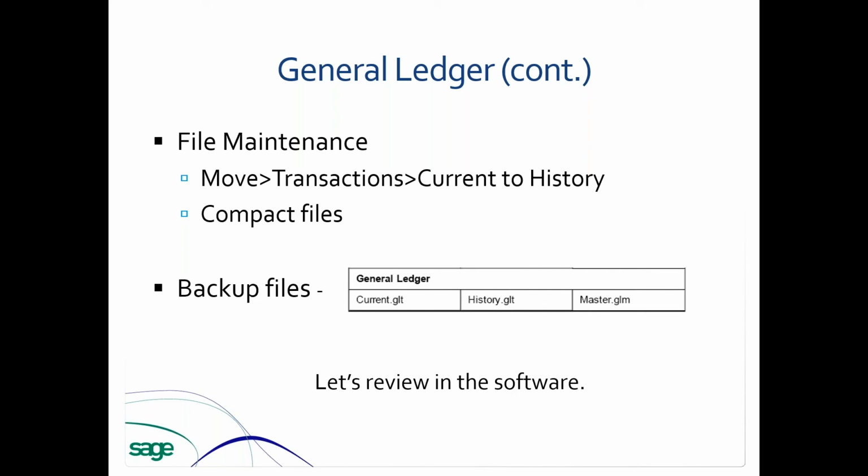I don't see reports slowing down as much as I see it in the other modules. I probably wouldn't leave, like, 10 years' worth of stuff in that current file. You might want to, every other year, move current to history, and even do date ranges or conditions for that. And then again, compact your files when you're done.